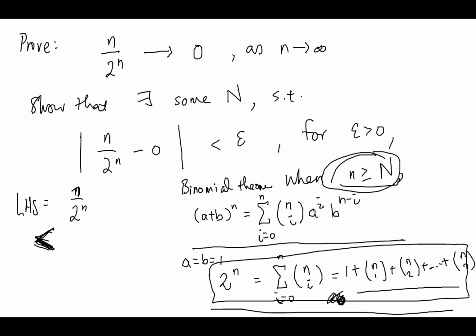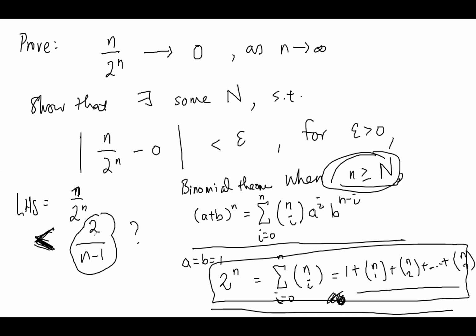Yeah. How about 2 over n minus 1? Bounded by 2 over n minus 1. Do you mean this? Yes. How do you get this? How do you claim that this is true?